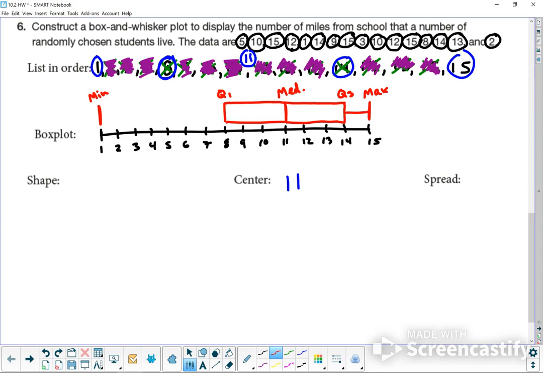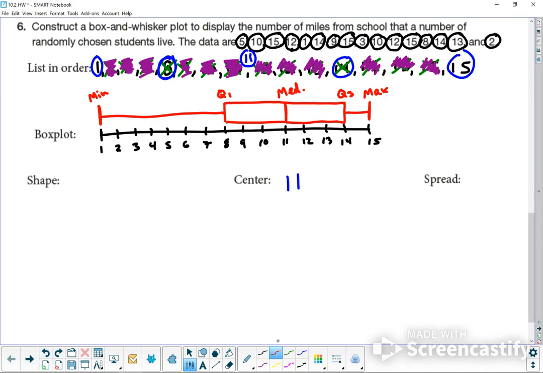And this is our box and whisker. So center shape. Again, we're just looking at the graph, not more numbers. Sometimes we do this and put more numbers, and it's going to feel like it's off, but we're just looking at the actual graph itself. So let's just focus on the actual graph.